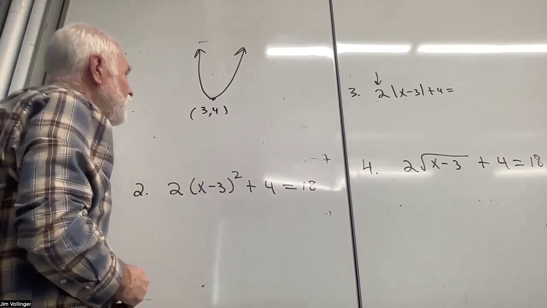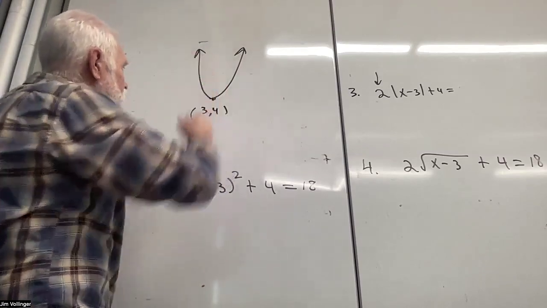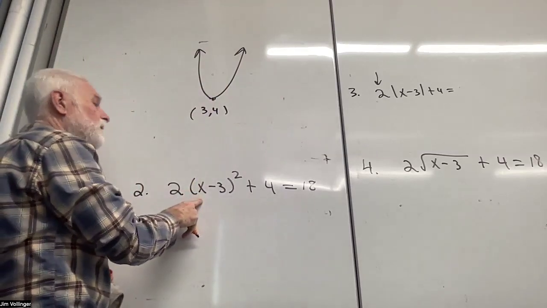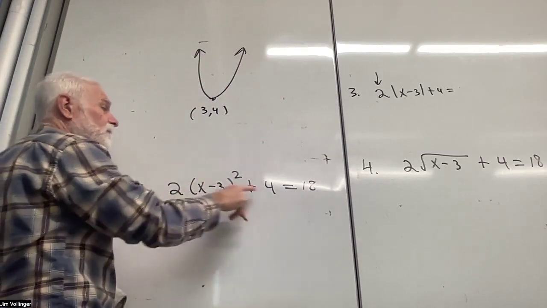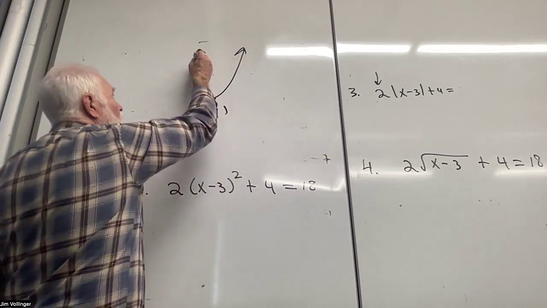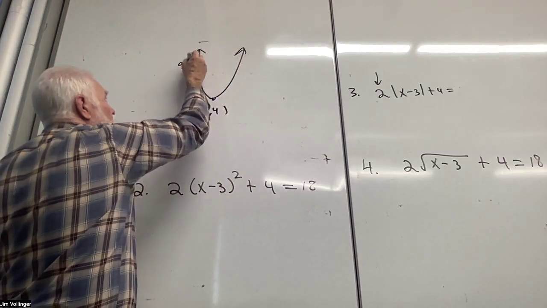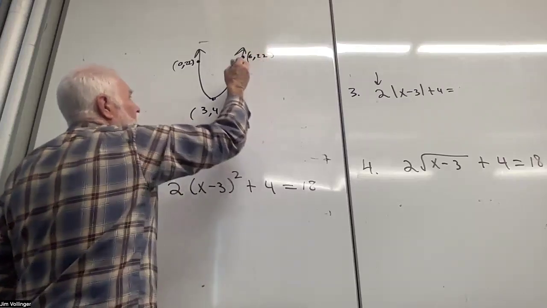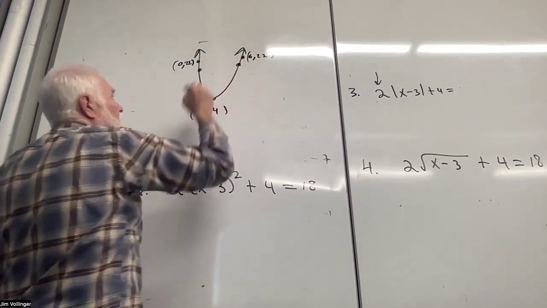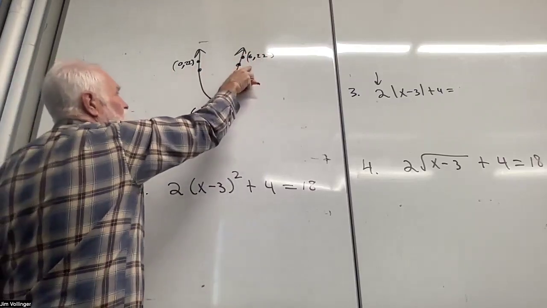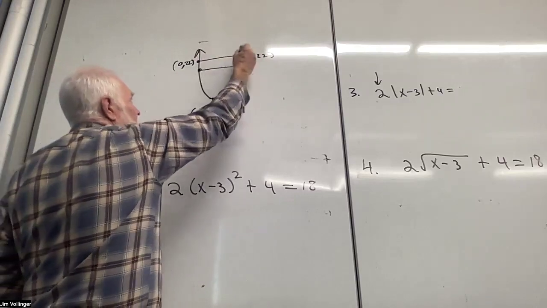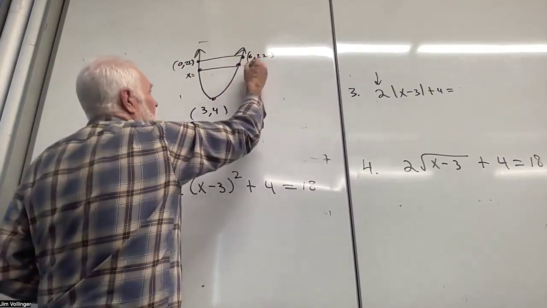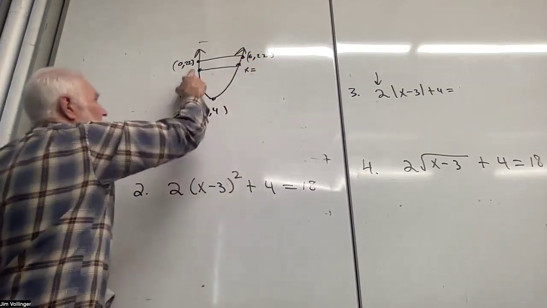Well, before I hit a height of 18, it'd be nice if I had some measurement here, so I'll put a 0 in. 0 minus 3, negative 3 squared, 9, 18 plus 4, ooh, 22. 0 gets me 22, which means that 6 has to get me 22. That's enough to say 18 is below it. So I should have numbers between 0 and 6. That's a smaller line segment than that. So this x is a little bit to the right of 0, and this x is a little to the left of 6. Let's get some more room here.